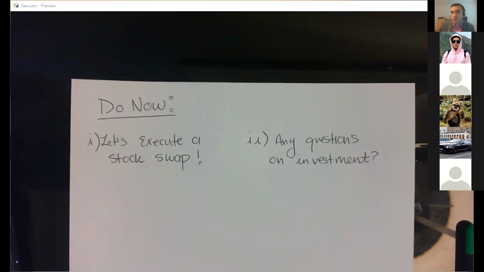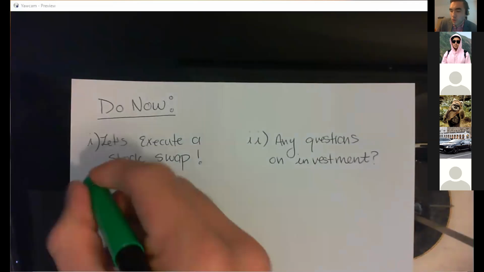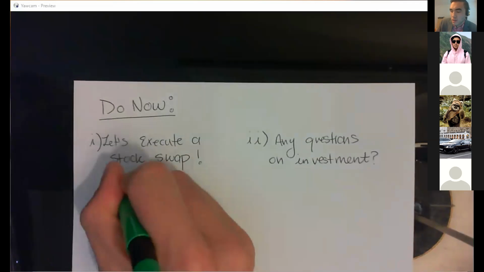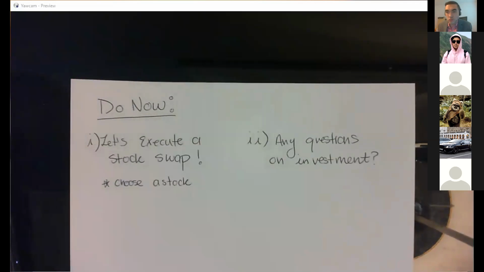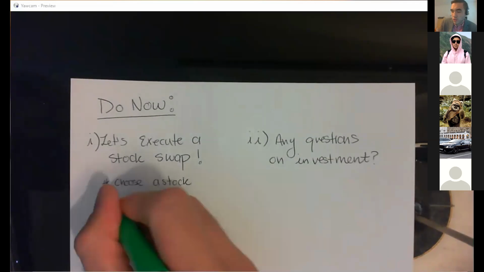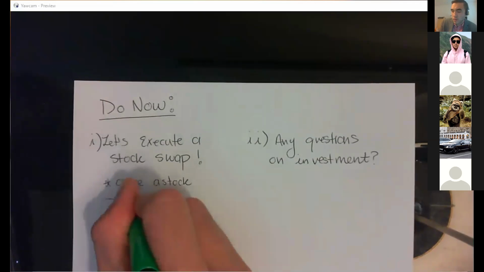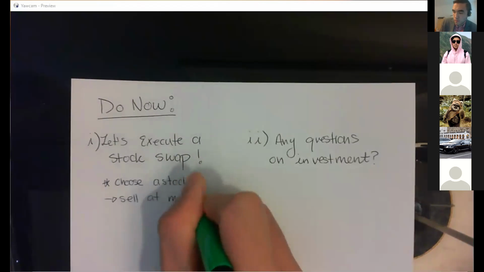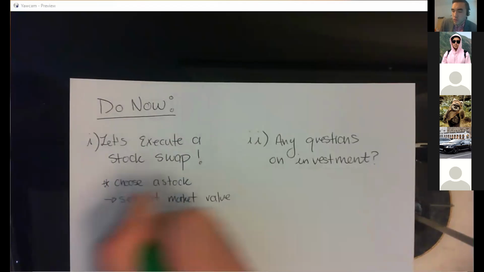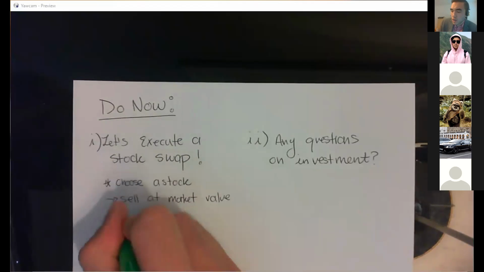What we're going to do today is choose a stock, whichever one you think is doing weakest, which you might want to look up how your stocks are doing today. We are going to sell it at current market value, and then use that money to purchase another stock.